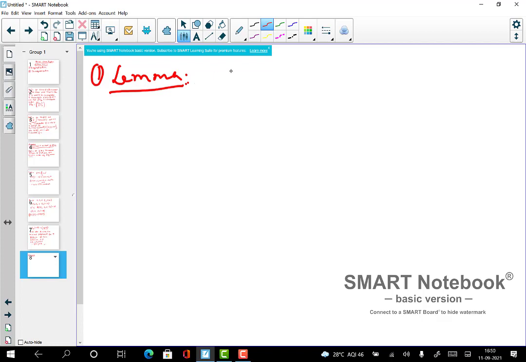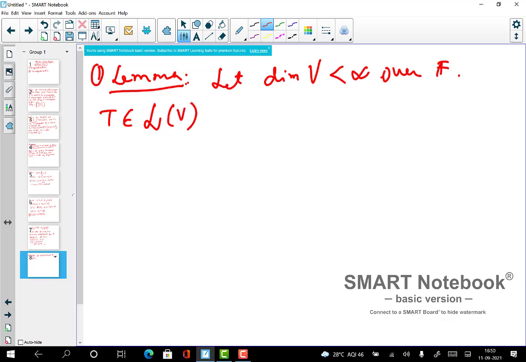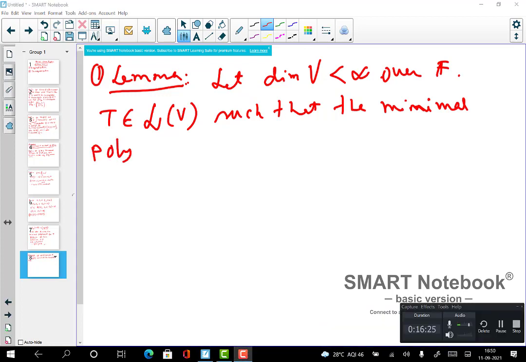I am assuming that V is finite dimensional, a vector space over some field F, and T belongs to L(V), a linear operator on V, such that the minimal polynomial for T is of this form.